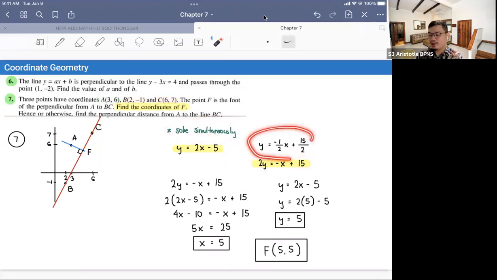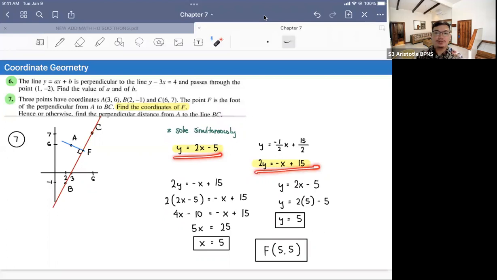So it came from here, and then I just remove the fractions by multiplying this equation by 2. So when you do that, okay, you'll get 2y and then cancel this. That's why this is now just 2y equals -x plus 15, because of course we don't want fractions. It's too tricky, right? Okay, so here are your two equations.